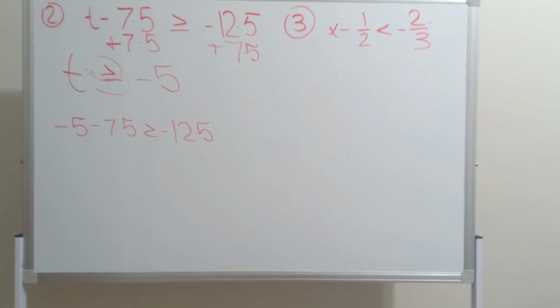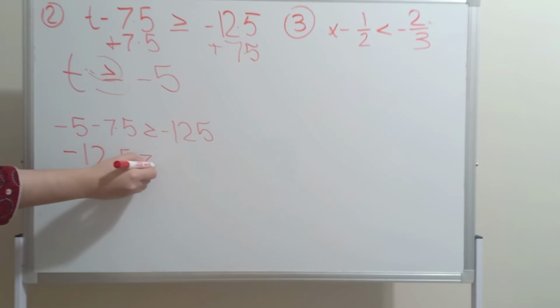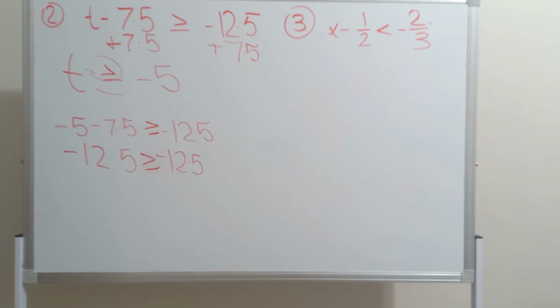Negative 5 subtract 7.5 is going to give us negative 12.5, which makes the inequality true because we have not only greater than, we also have the equal sign here. So negative 12.5 is greater than or equal to negative 12.5. That means our answer here is correct. Now let's move on to our last question.